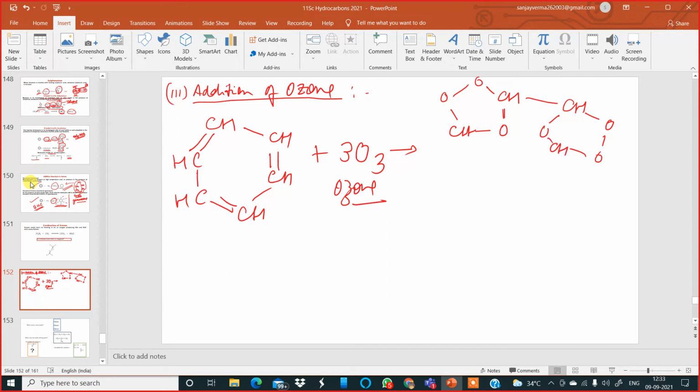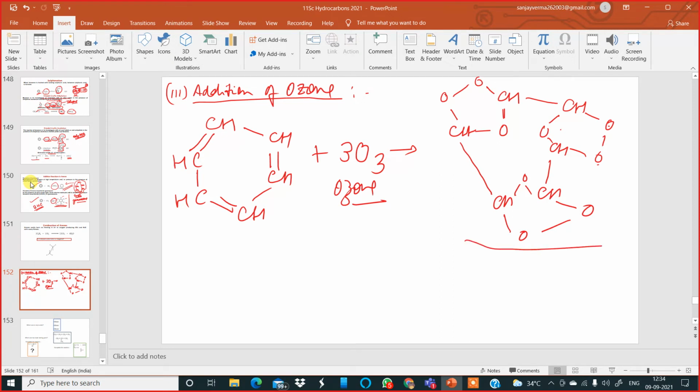So this is another ozone over here. One, two, three. Again over here CH, oxygen, oxygen. Then over here CH, and over here we can have one like this, and these are linked to each other like this. So that is how the ozone molecules disturb the double bonds present in benzene.